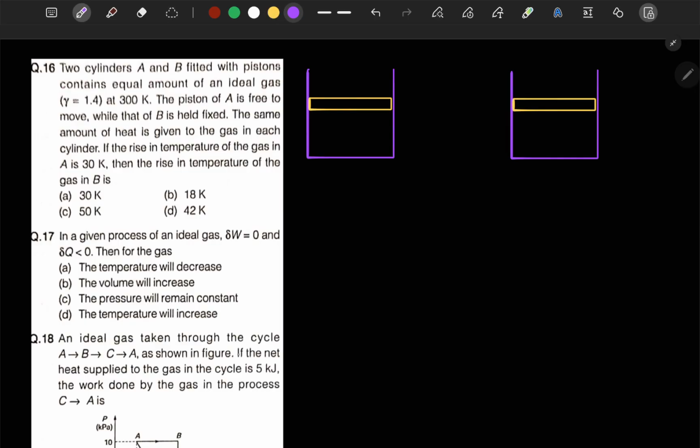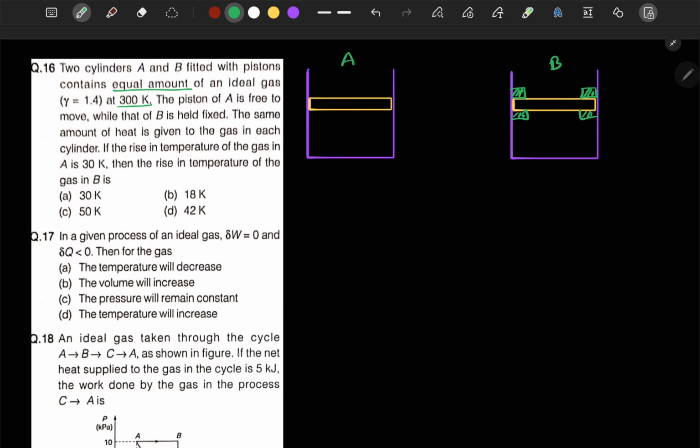In the first case, case A, and this is case B. Both have an equal amount of gas at 300 Kelvin. In A the piston is free to move, and in B there is a stopper, so B is fixed.